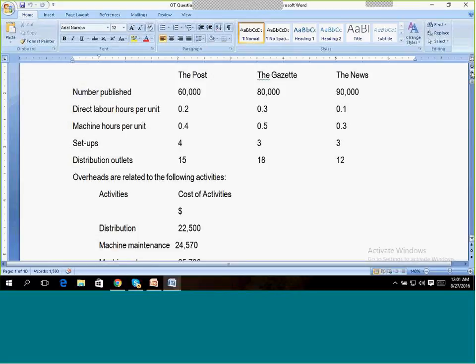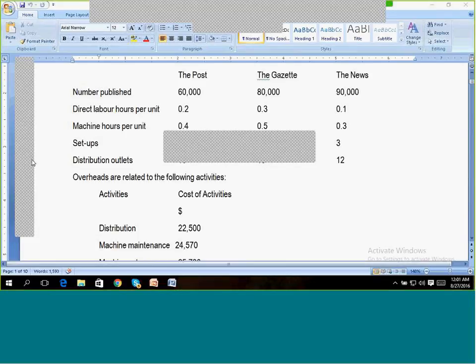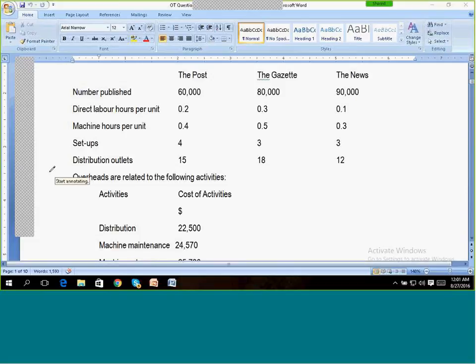Now we have to see the total machine hours they use in this particular period 6. For 60,000 units of post, they will use 0.4 per unit, so 60,000 into 0.4 machine hours to produce the paper called post.